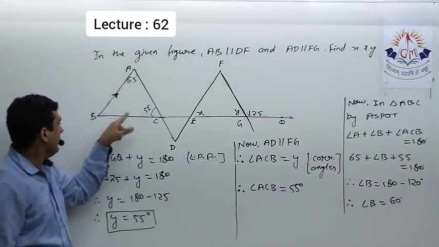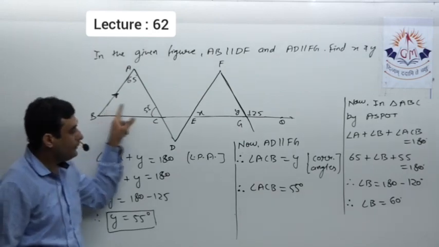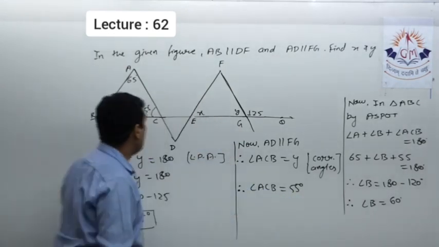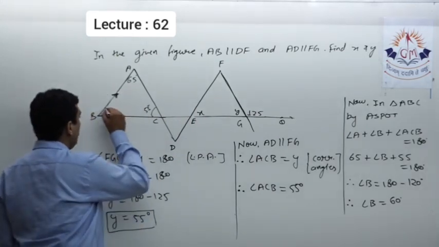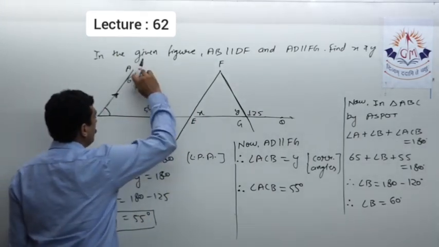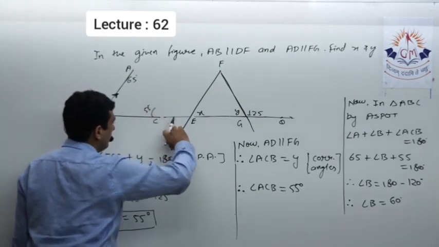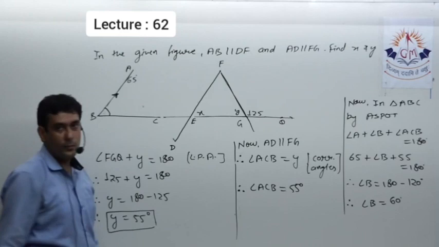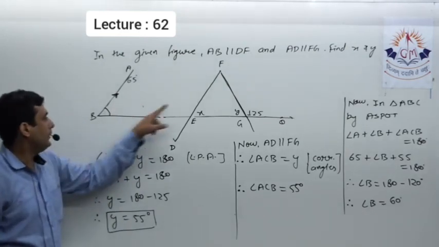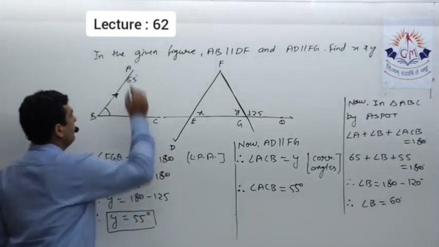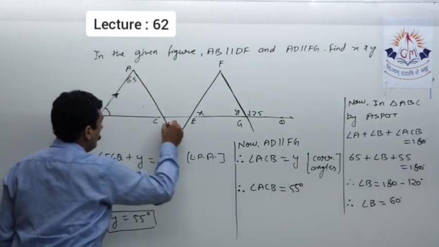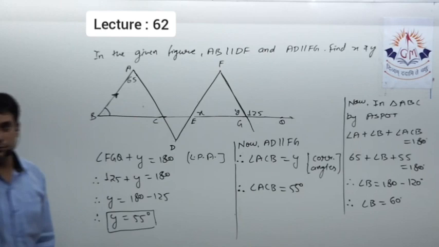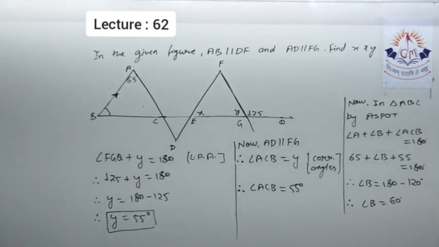Now in triangle ABC I obtain the measure of angle B by applying angle sum property, that is 60 degrees. Now this angle B is equal to angle X. For that I will remove this line, so it will be very clear to you that these two angles are corresponding angles as AB is parallel to FD. Note it down up to this point, then I will give you the remaining solution.